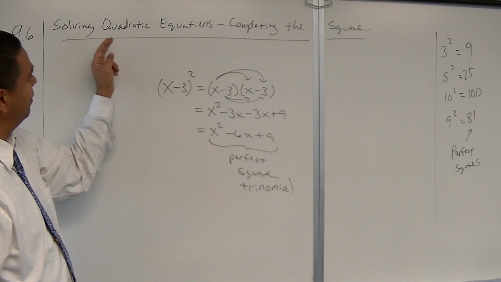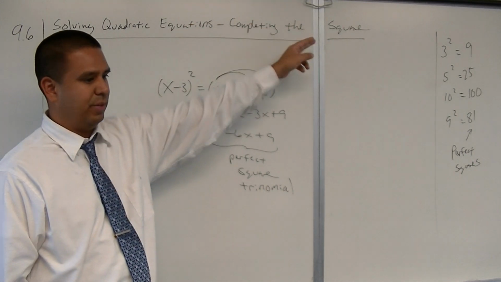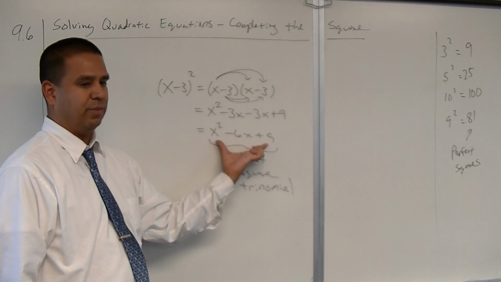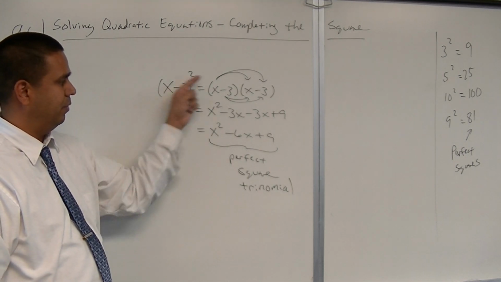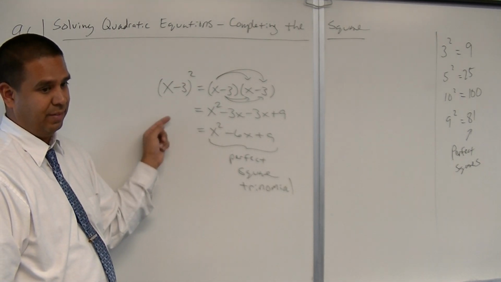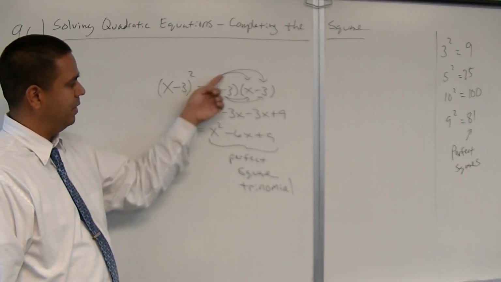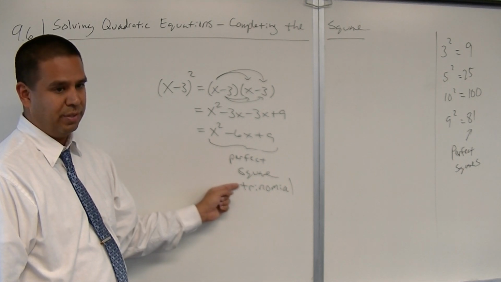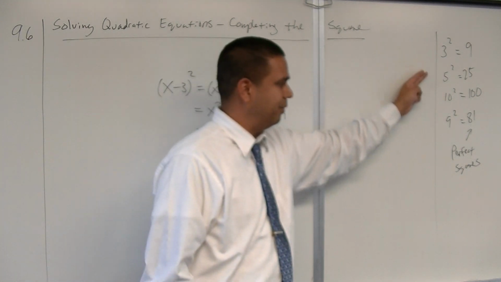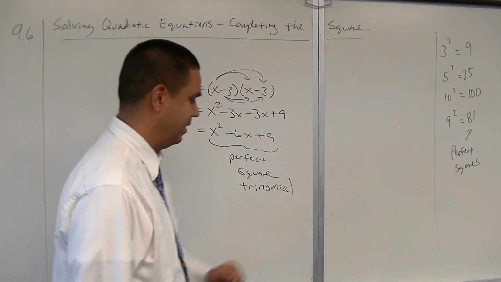If we're trying to solve a quadratic equation by completing the square, this is what we're going to create, what we're going to look for. I just want to review this from chapter 8: we have a binomial squared, we get a trinomial, and this trinomial is called a perfect square trinomial, building on what we already know.